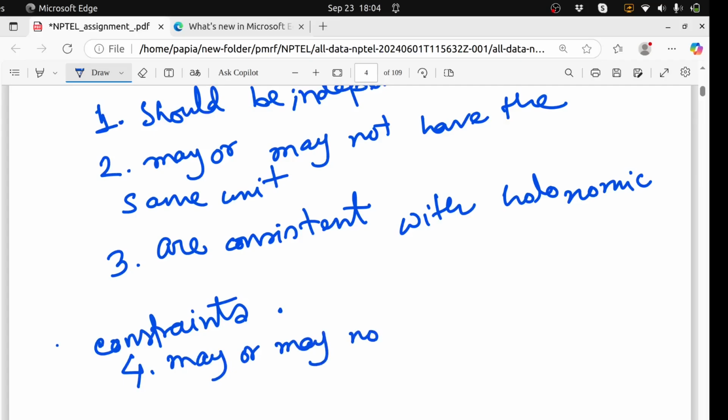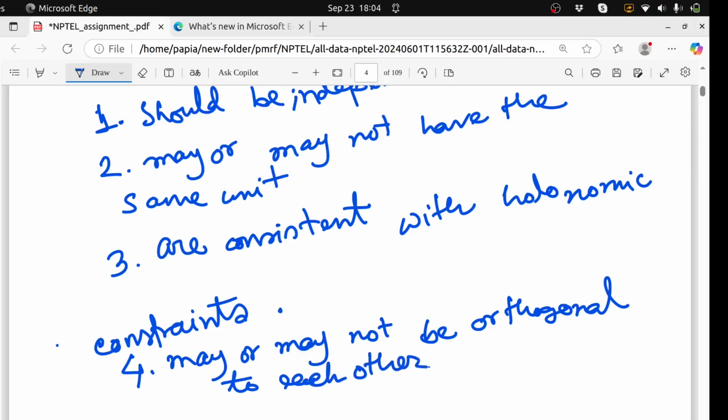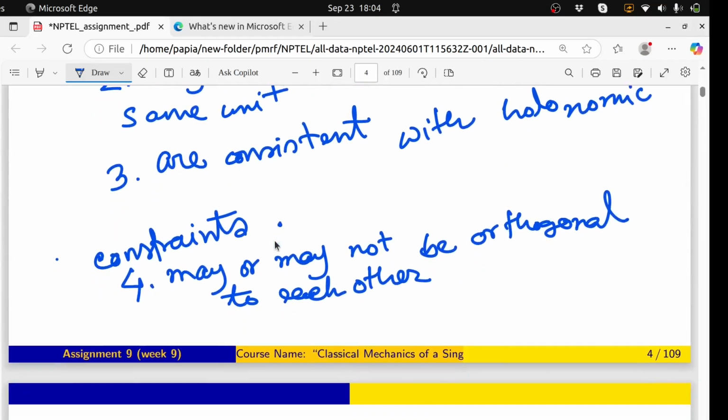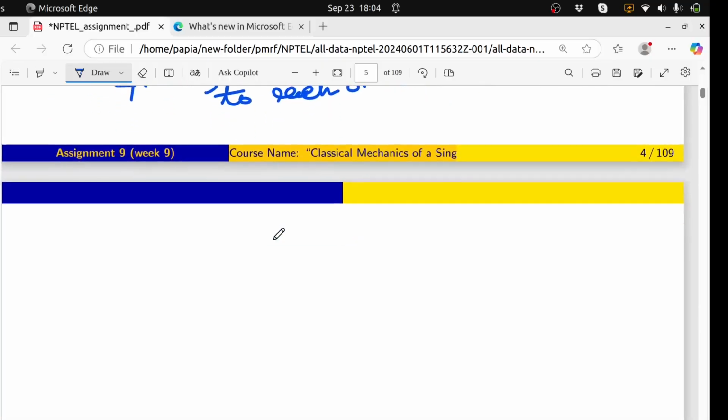May or may not be orthogonal to each other, that is also one condition, because I can give an example for that.